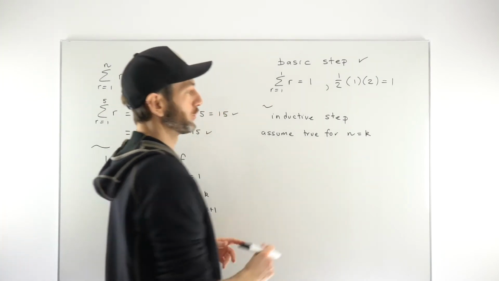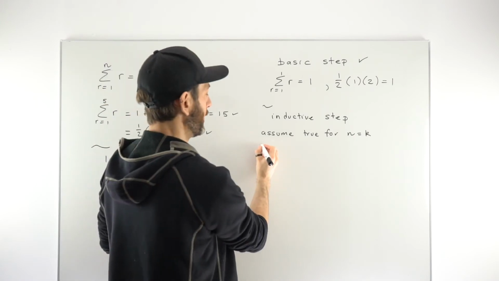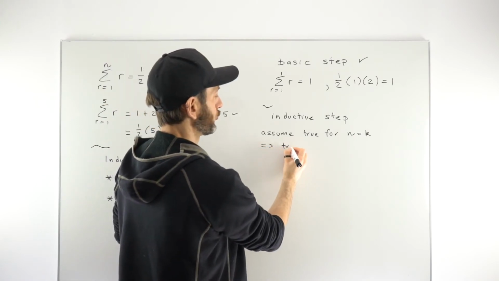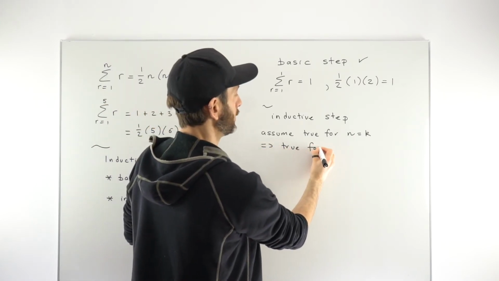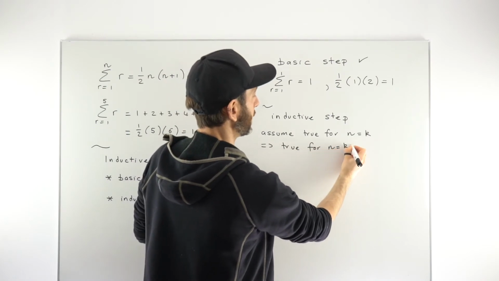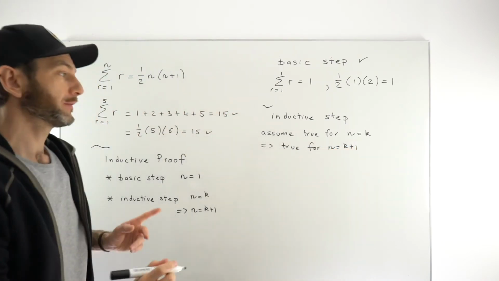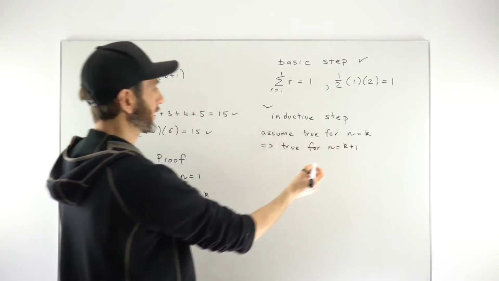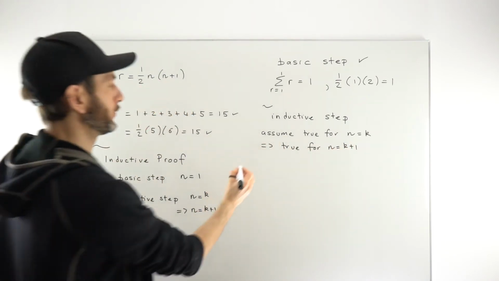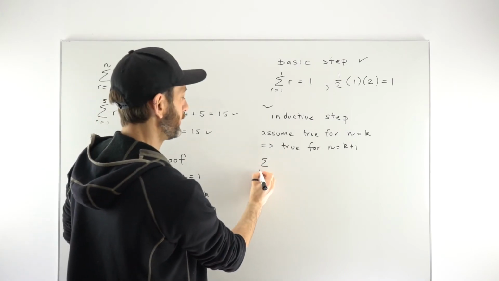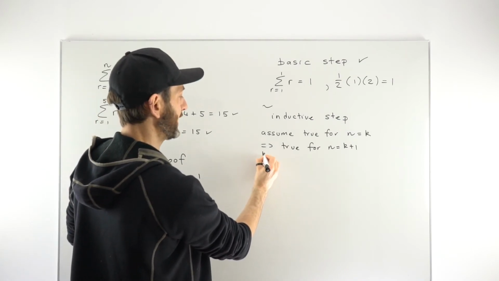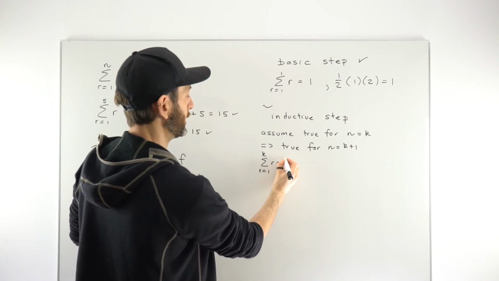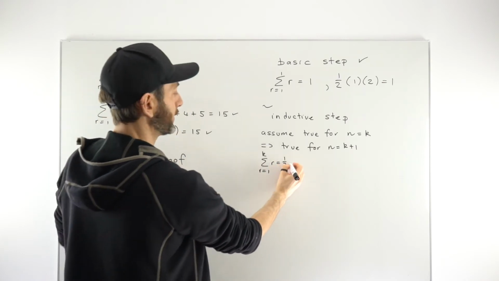So we're assuming it's true for n equals k, and we want to show that that implies that it's true for n equals k plus 1. Specifically, we're going to assume that it's true for n equals k, which means that this result here, the sum from r equals 1 to k of r, is going to equal 1/2 k times k plus 1, replacing the n with k.